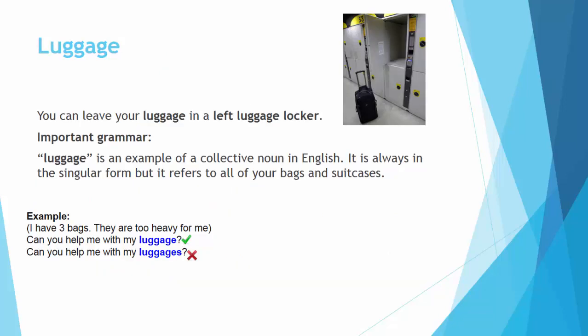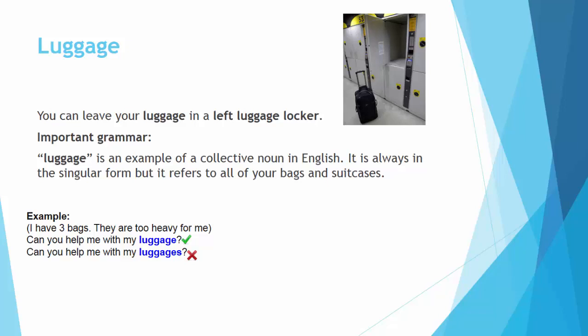Luggage. You can leave your luggage in a left luggage locker. Important grammar. Luggage is an example of a collective noun in English. It's always in the singular form, but it refers to all of your bags and suitcases.